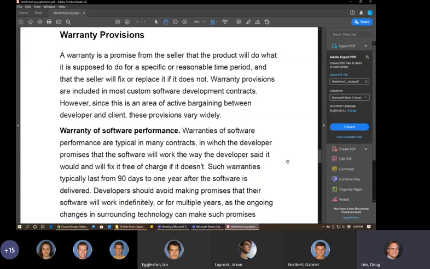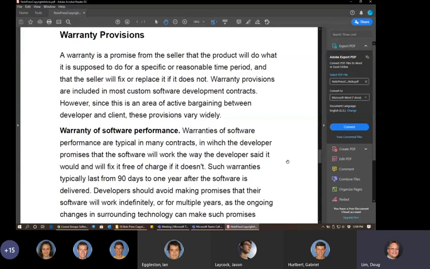But this is an important thing to do, because in our last lecture, we talked about how support and maintenance of software is a significant portion of the cost involved in the life cycle of the software product, and that the actual support costs can often exceed the costs and time involved in the actual development of the product.